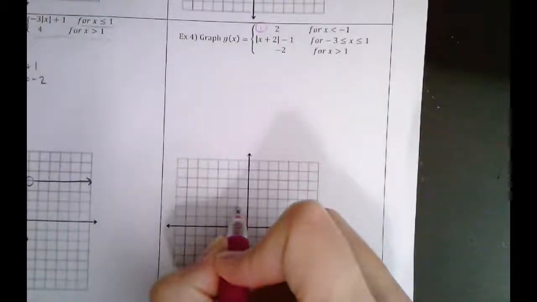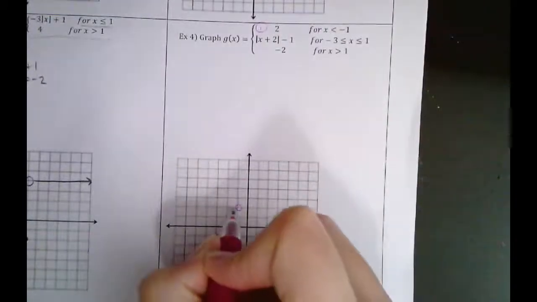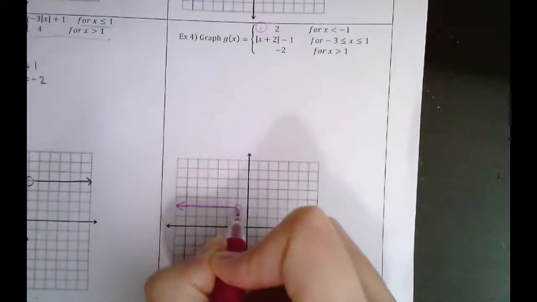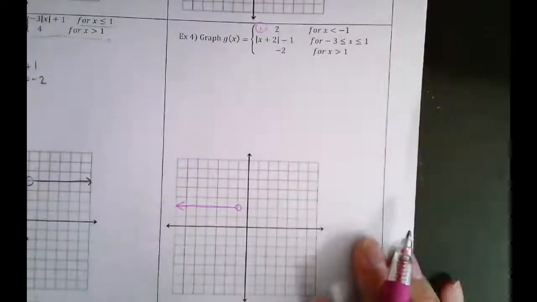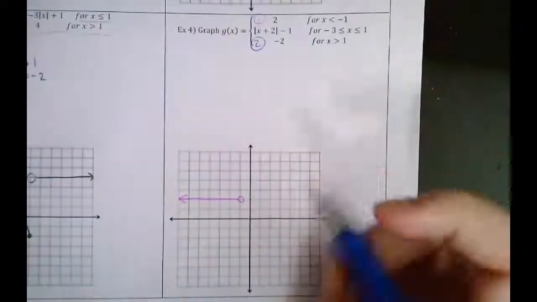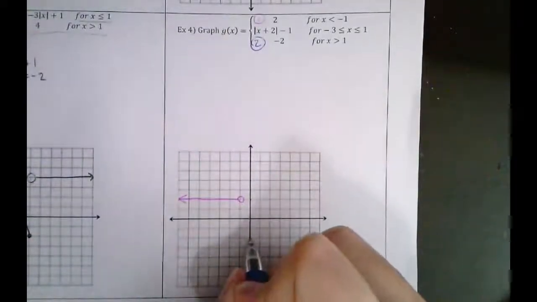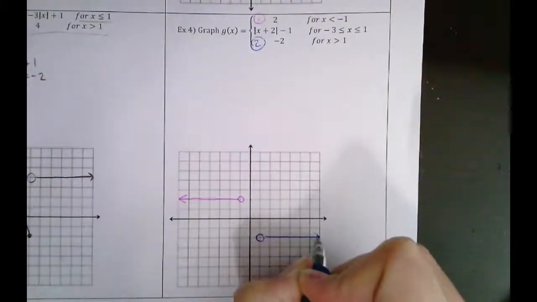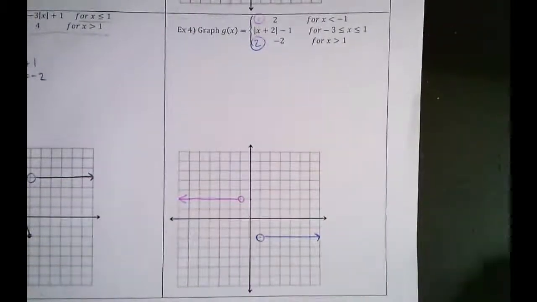We want to graph the constant function 2 for all values smaller than -1. Then we got this guy. We want to graph -2, but for all values greater than 1. So this is 1, values greater. Okay, so those are the 2 ends.